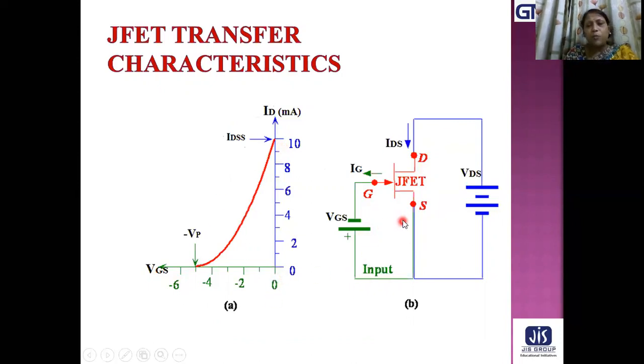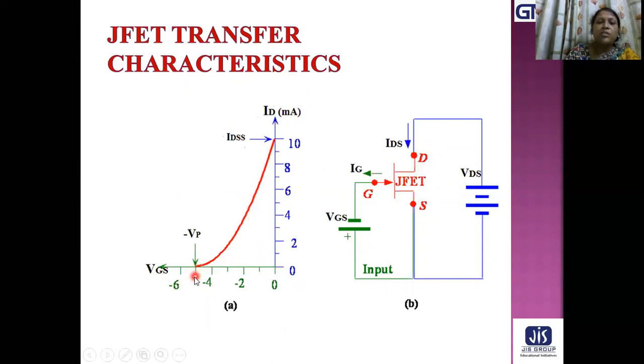So VGS should be negative always. Here we can see VGS is negative: -2, -4, -6. And if VGS is 0, current is maximum, that is IDSS, the drain to source saturation current, and as we keep on increasing the gate to source voltage negatively, current is gradually decreasing here.